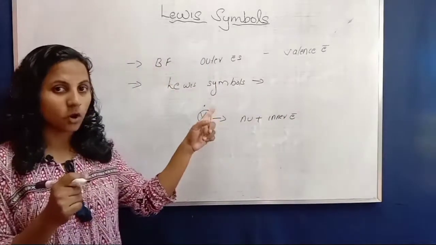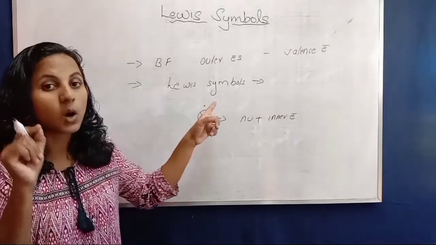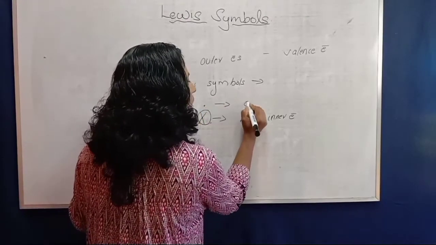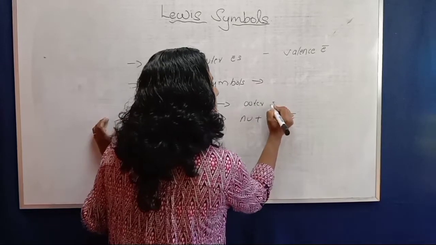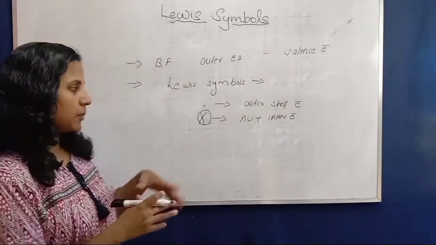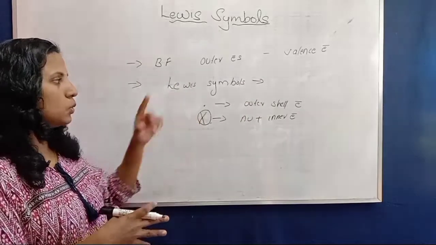Whereas the dot represents the outer shell electrons of an atom. This type of representation is called a Lewis symbol.